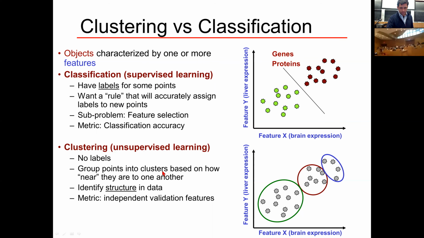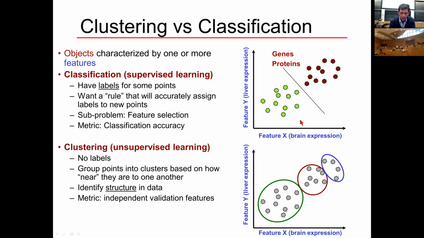For clustering, you have no labels. You simply group the points into clusters based on how proximal they are to each other, and you identify some underlying structure in the data. And the metric then comes from independent features that were not used as part of your clustering, to basically say, well, let's go measure a few more things about those genes or about those cells, and then learn something about those, okay?